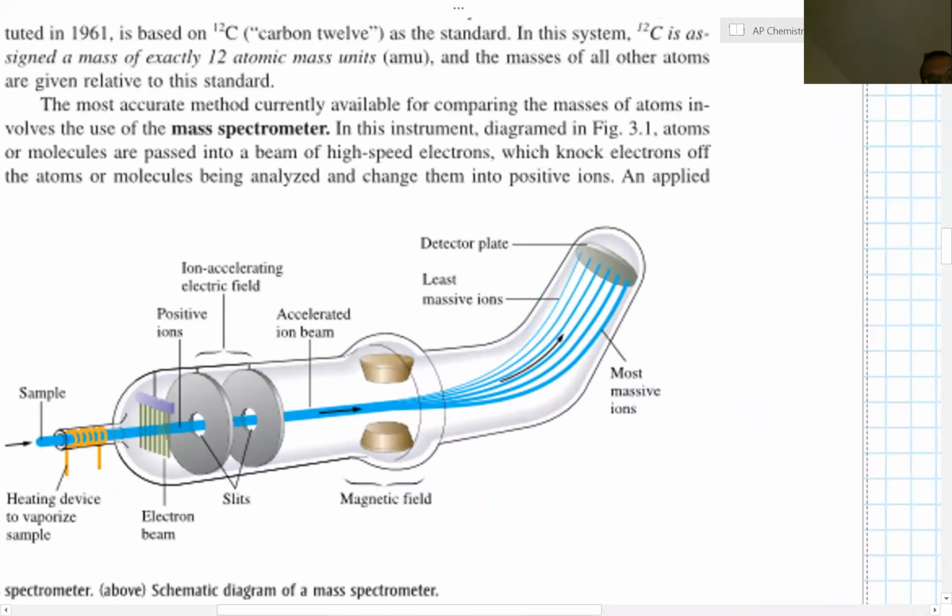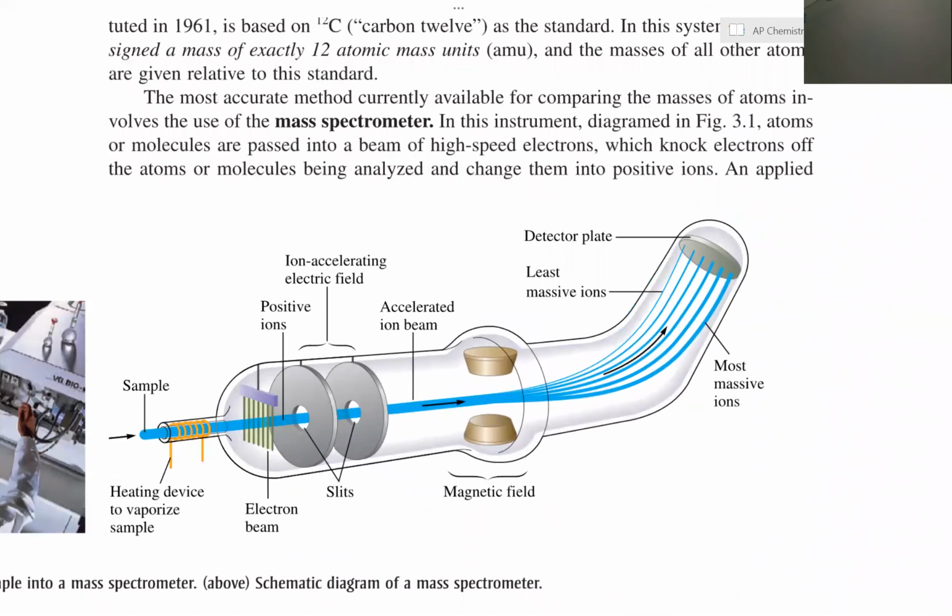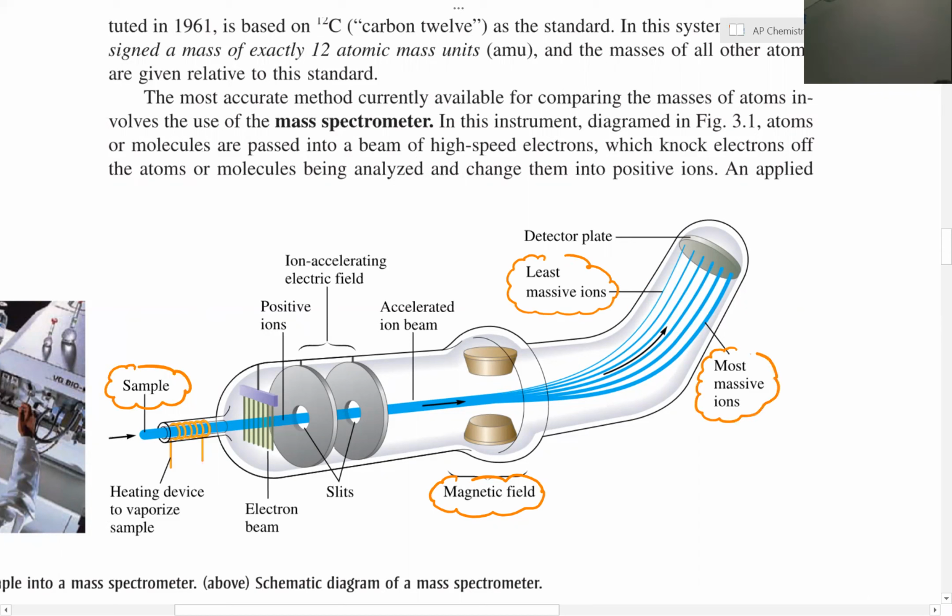So what a mass spectrometer does is that it shoots a sample through one end, and using a magnetic field, what happens is it deflects the individual particles in that particular sample. And depending on how massive the particles are, the least massive will get more deflected than the more massive ones.